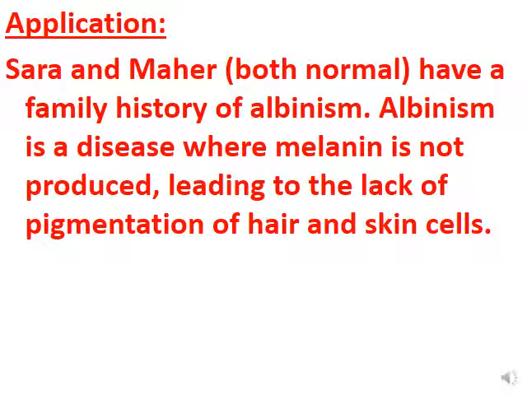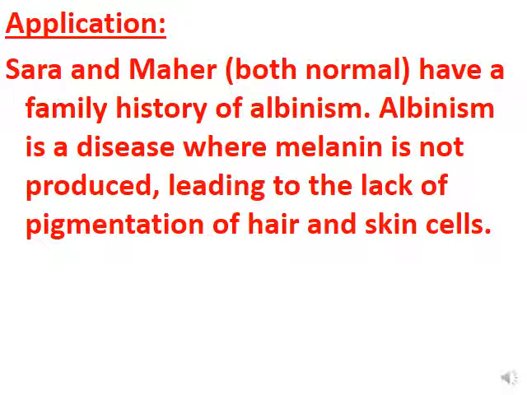Here we have an application, and during this application we're going to explain this pedigree. Sarah and Maher, both of them are normal, so they don't have any problem or any disease. They have a family history of albinism. What is albinism? Albinism is a disease where the melanin is not produced.